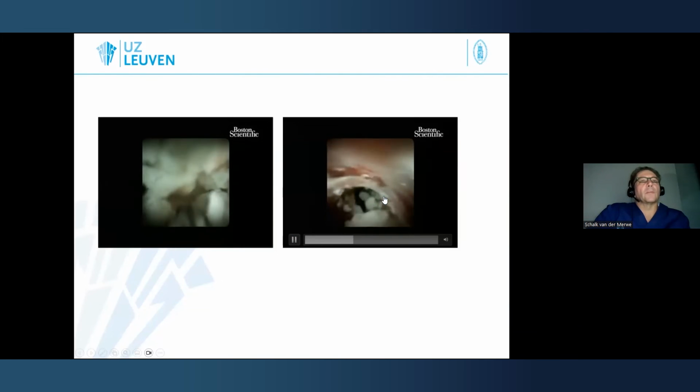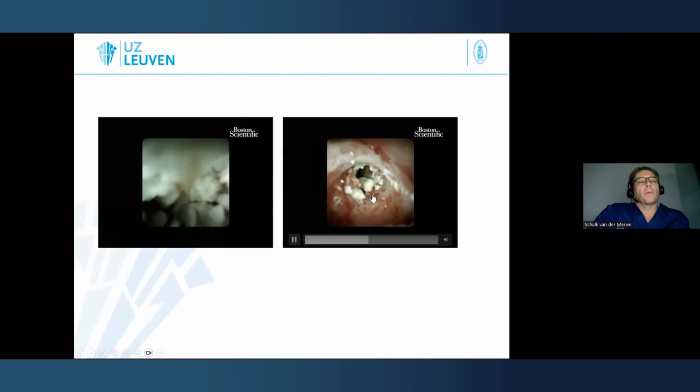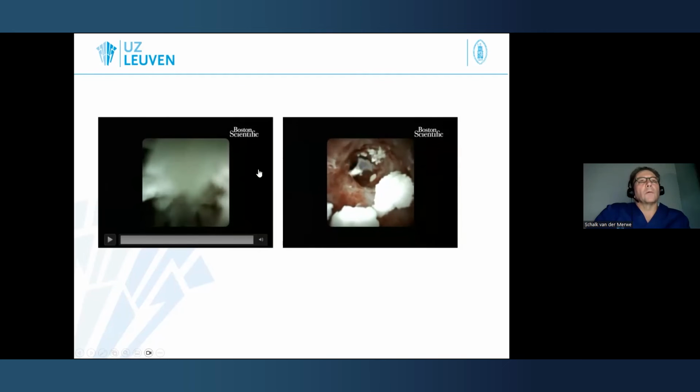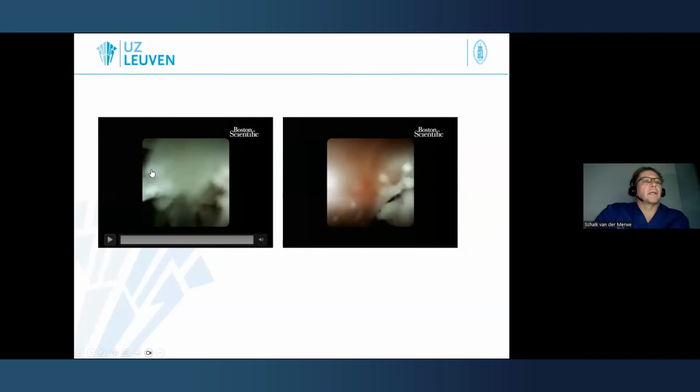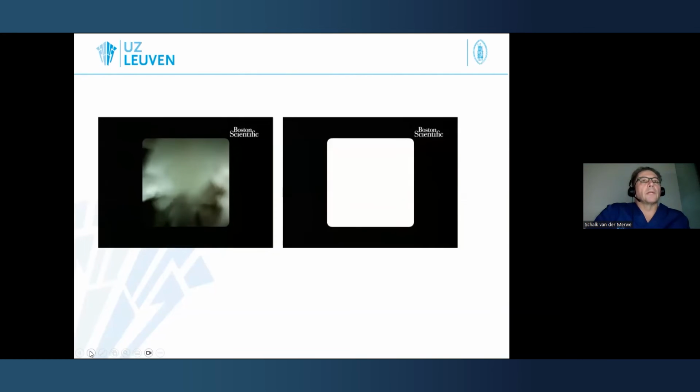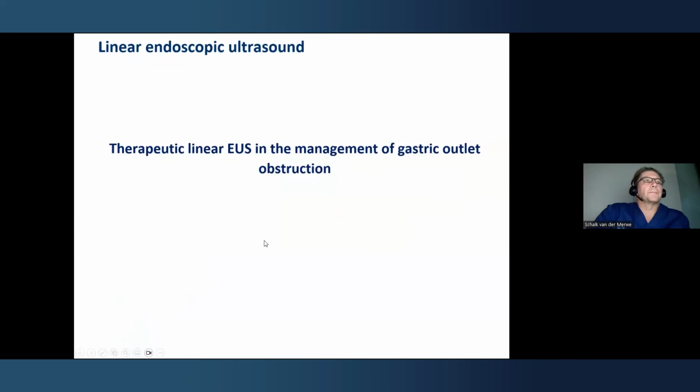And I think the management of complex chronic pancreatitis will change if we can confirm that ERCP with complete ductal access following access by EUS can be obtained and is at least comparable to the outcomes achieved with surgery.